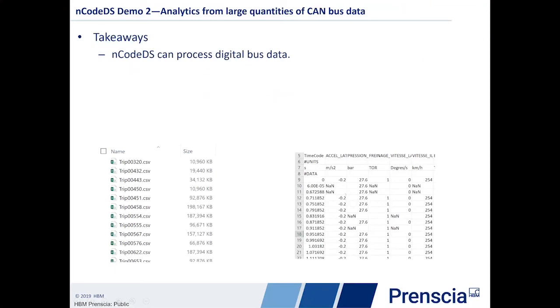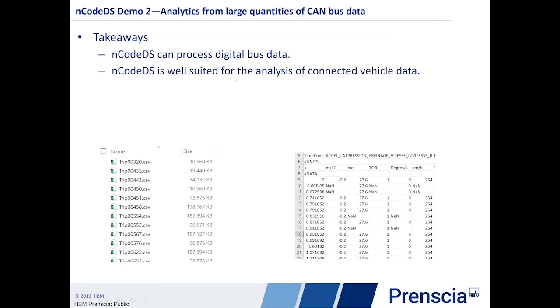I'm really glad they allowed us to use this data. I've changed those values, obviously, right? But typically, you've got missing data and a non-equally spaced time vector here. So nCodeDS can process that data. No need for resampling whatsoever.